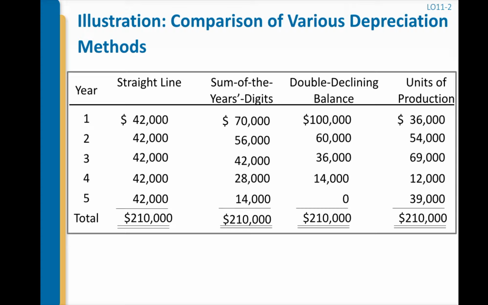Just a comparison of some of these different methods. Like I said, you don't have to pay a ton of attention to some of these digits, but double declining balance, units of production, and straight line, you can see how some of the different effects there play out.